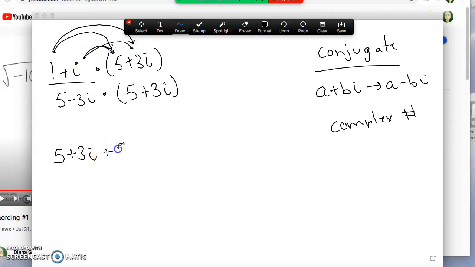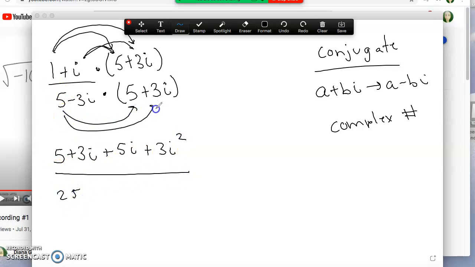So that's 1 times 5, i times 5, 1 times negative 3i, and i times negative 3i, so that's negative 3i squared, over 5 times 5, 5 times 3i, negative 3i times 5, and negative 3i times 3i.